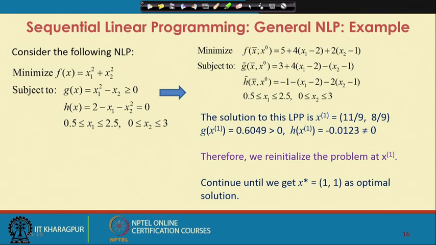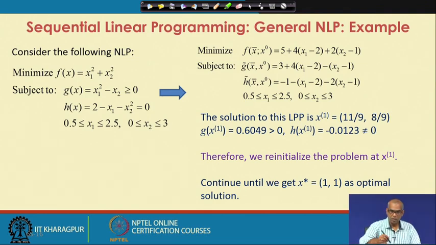We will continue to do this until we are very close to the true optimal solution, and the true optimal solution is 1, 1. If you look at here, we are not very far from 1, 1.